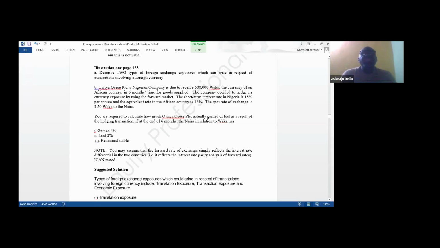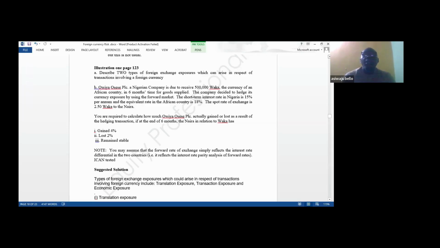Owiya Osese PSC, a Nigerian company, is due to receive 500,000 waka, the currency of an African country, in 6 months' time for goods supply.